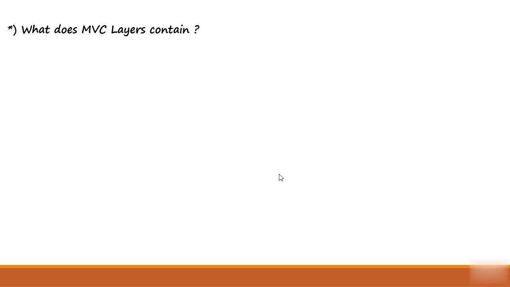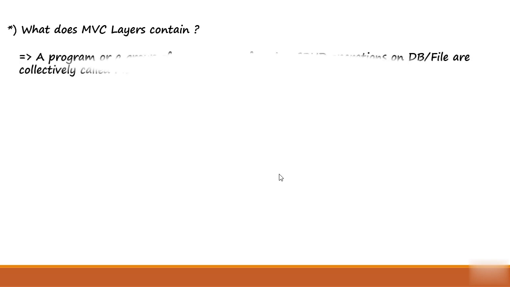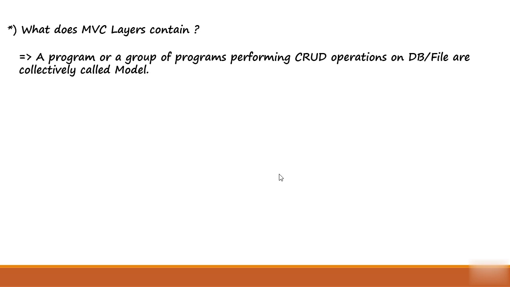What do MVC layers contain? A program or a group of programs performing CRUD operations on a database or file are collectively called the model layer. Just now we discussed persistence logic. Whenever we use JDBC or Hibernate to write data to the database, that is the model layer performing CRUD operations.